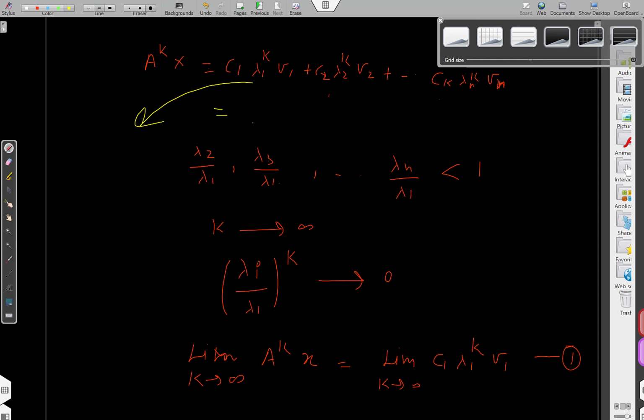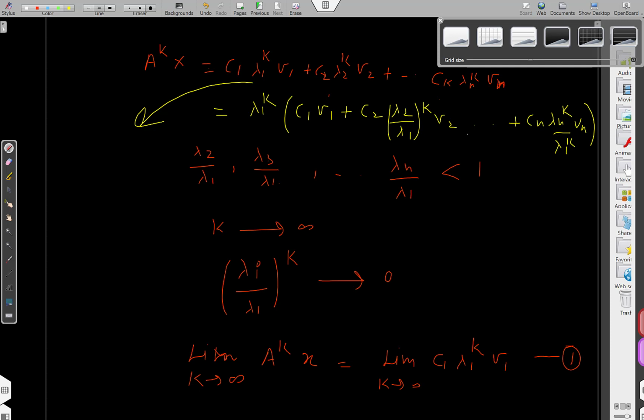Okay, this step is what? If we are taking lambda 1 raised to power k outside, then what are we getting? c1 v1 plus c2 (lambda 2 upon lambda 1) raised to power k b2 and so on, up to cn (lambda n upon lambda 1) raised to power k bn.